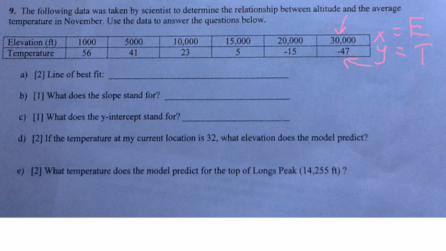This is my L2, and it becomes my Y. So you go through the process of finding the line of best fit, and I get temperature equals -0.00358 E plus 58.797.